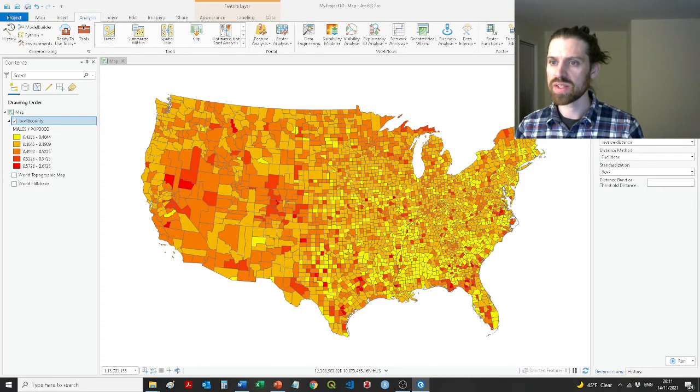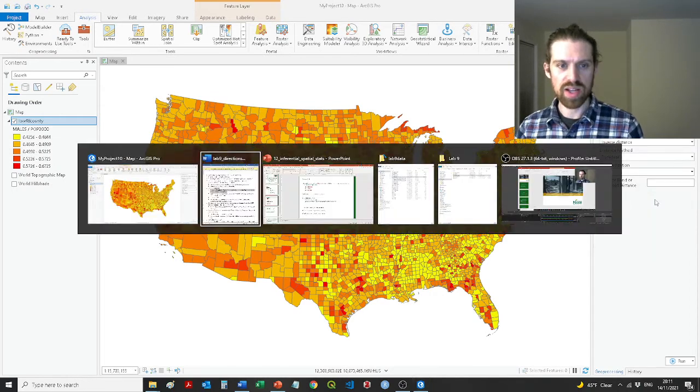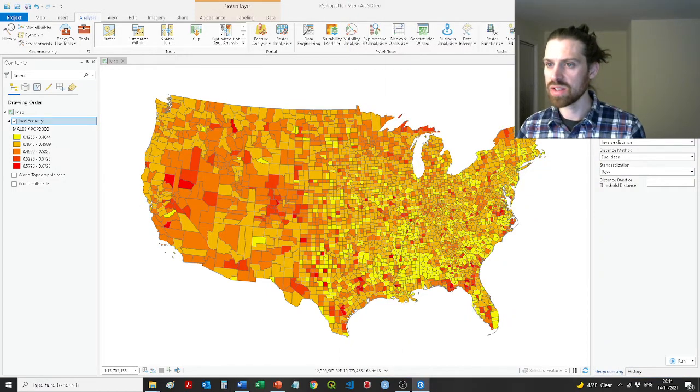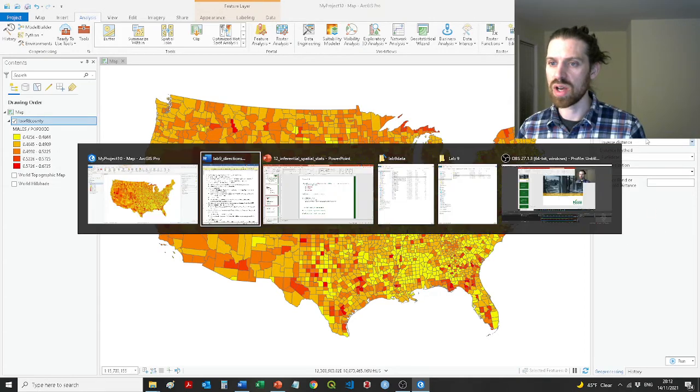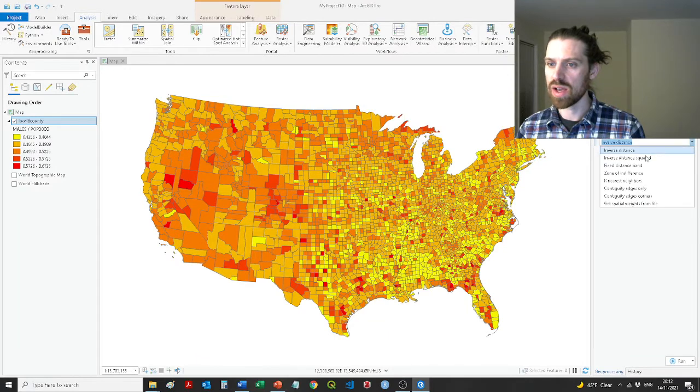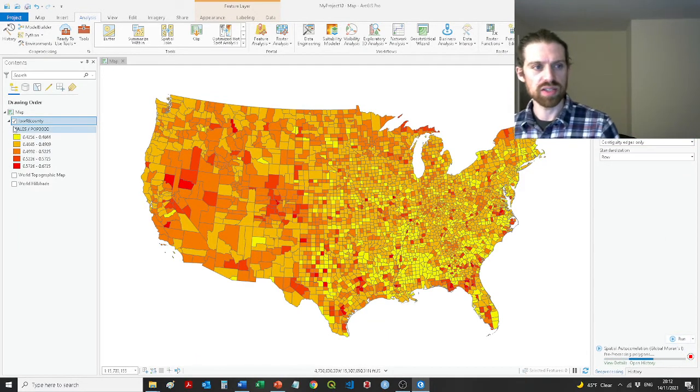And we can place the lower 48 counties into the input feature. And then once we get to the field value here, what I'd like you to do is to pick the Hispanic rate. So this is basically the rate relative to the year 2000. And then we can use contiguity edges only, and we can run a report for that, okay?